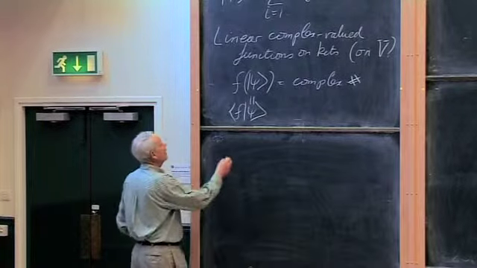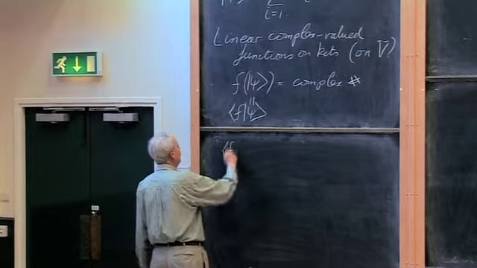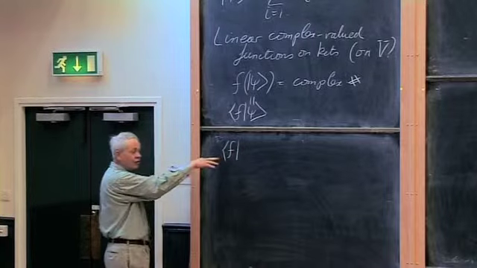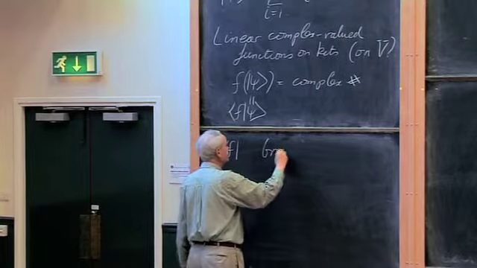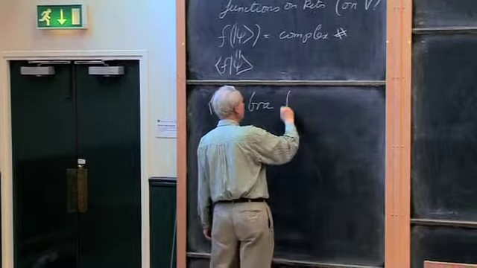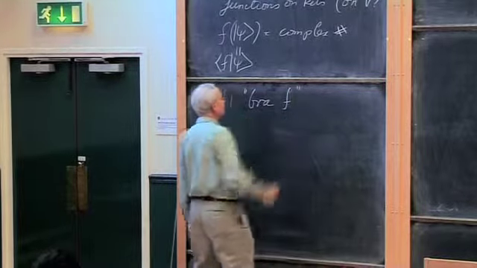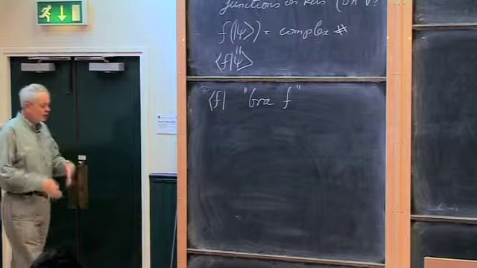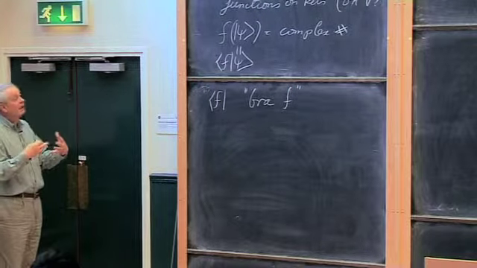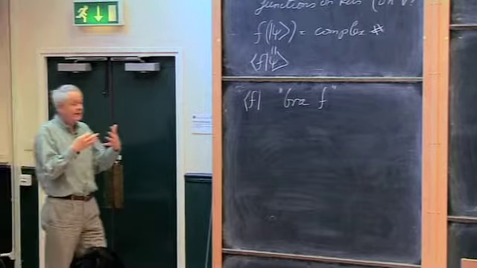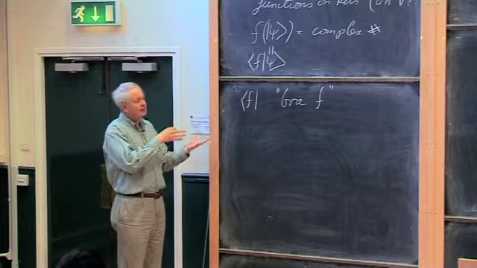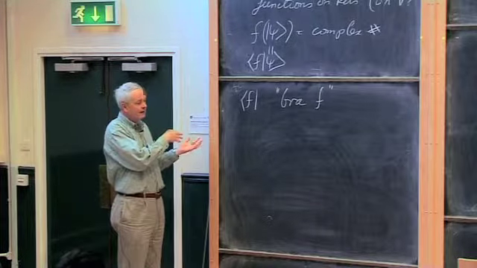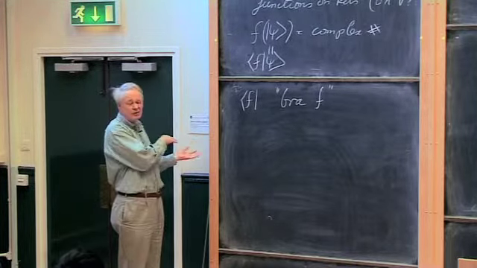And this gives us the idea of saying that f, this thing being a linear complex valued function, is called the bra f. So we've got kets, which define dynamical states of our system, and we've got bras, which are functions on the dynamical states of the system which extract the all-important amplitudes.